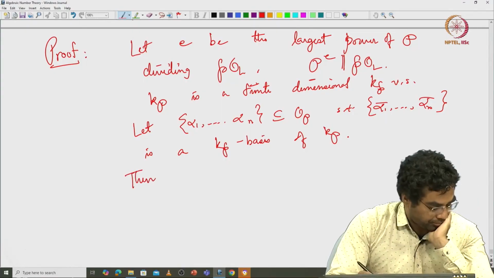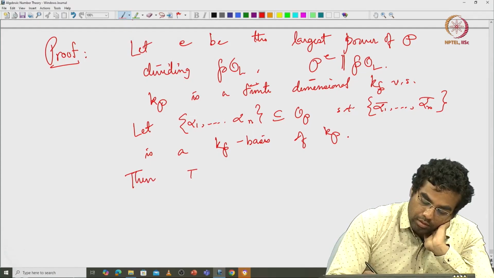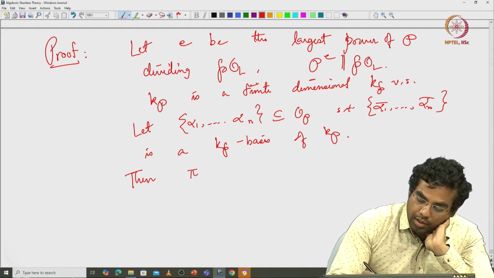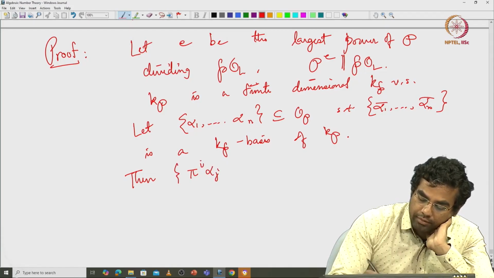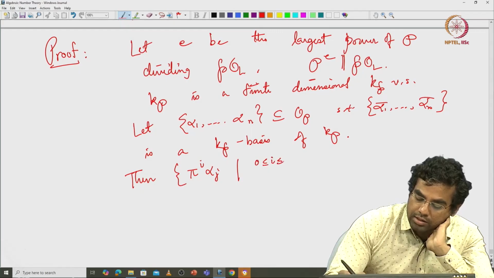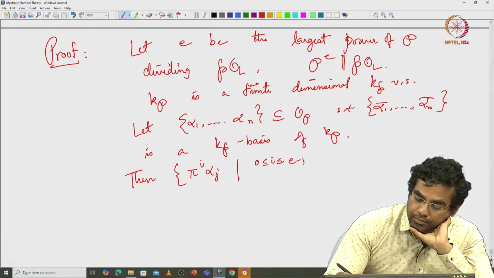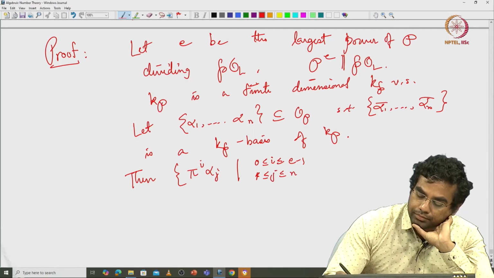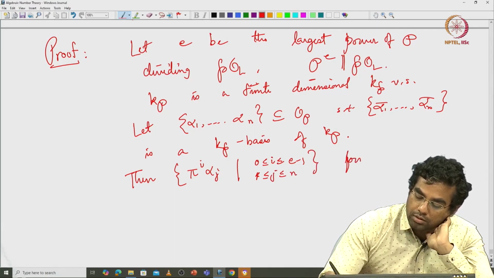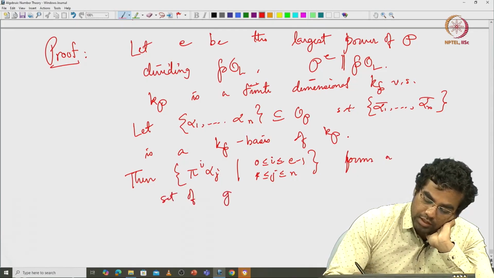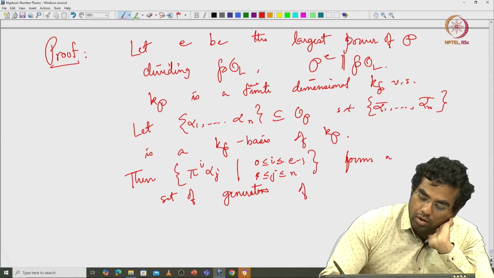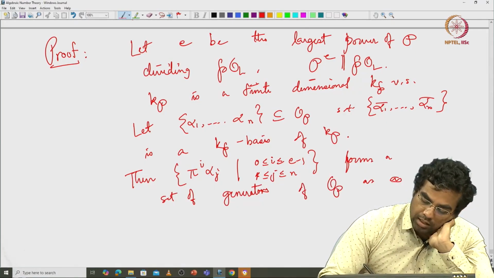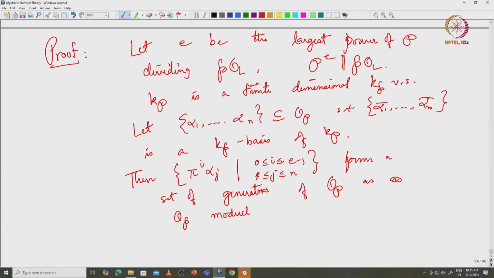So, then pi to the power i times alpha j, if I take this set where i ranges between 0 and e minus 1 and j ranges from 1 to n, forms a set of generators of O_P as an O_p module. Maybe you can take this as an exercise, but let me say orally how this is done.